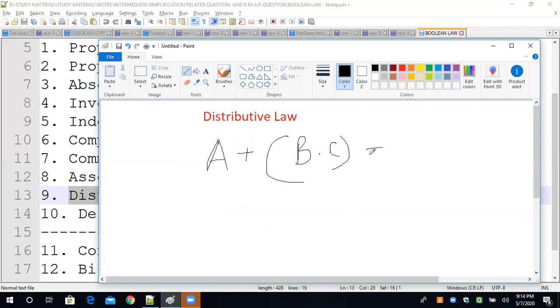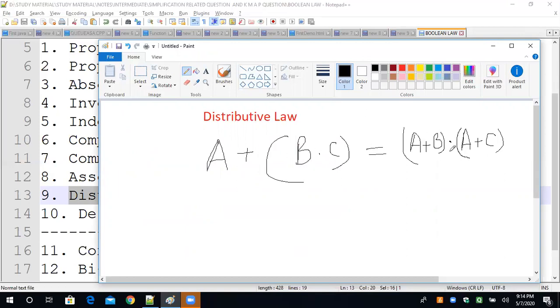A plus B dot C is equal to, the distributive law, A plus B dot A plus C. Okay.